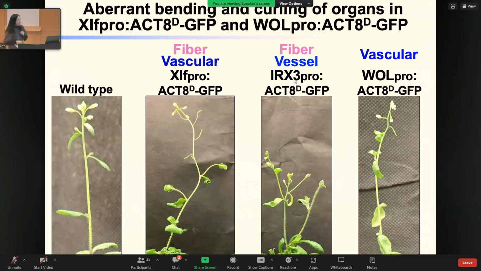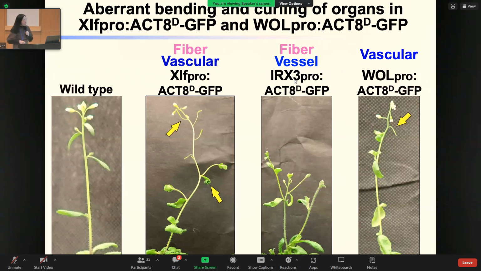These are wild-type plants that expressed Act8D under the control of the indicated promoters. When the 11F or WOL promoter was used, aberrant coloring of leaves and aberrant bending of stems and leaves were observed.